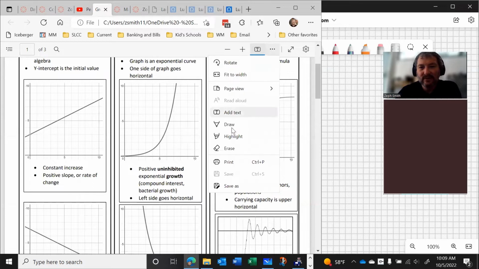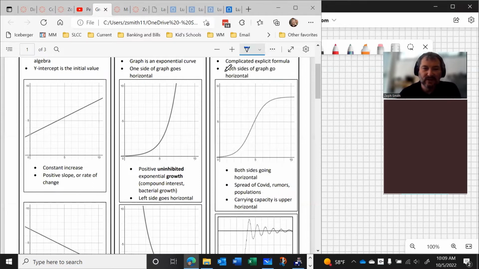Oh, no, my tablet turned itself off. You can see at the beginning, a linear growth will be faster than an exponential growth. But over time, the exponential growth will catch up and then go much faster.